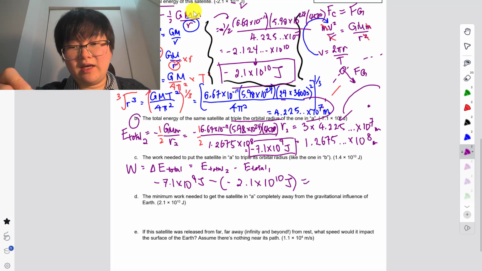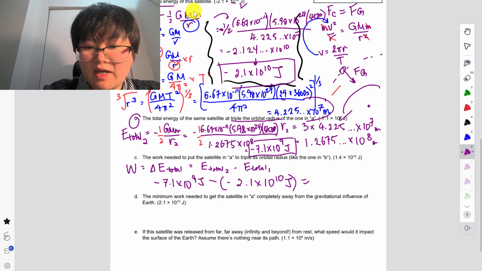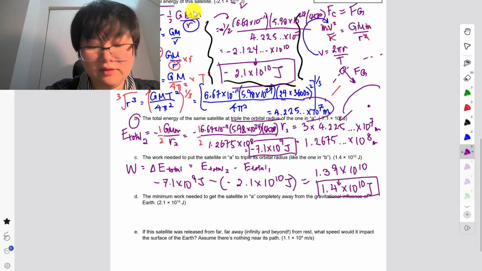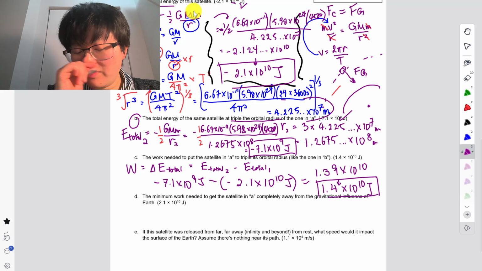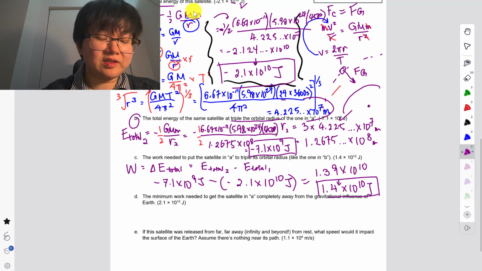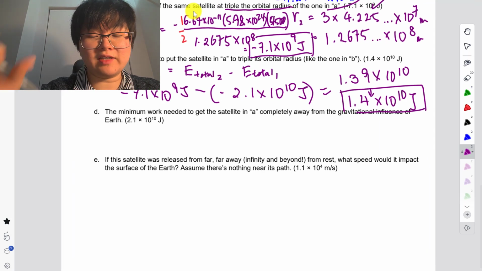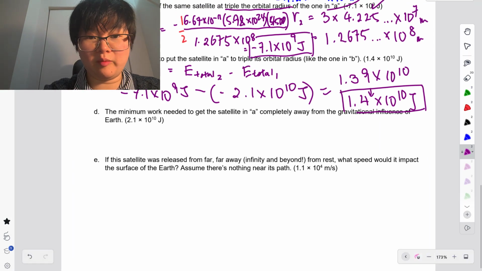Then we get 1.39 times 10 to the power of 10, which I've rounded to 1.4 times 10 to the power of 10 joules. And look, after we do the subtraction, we get a positive value. This makes sense because you need to do work to get your satellite to a higher orbit.